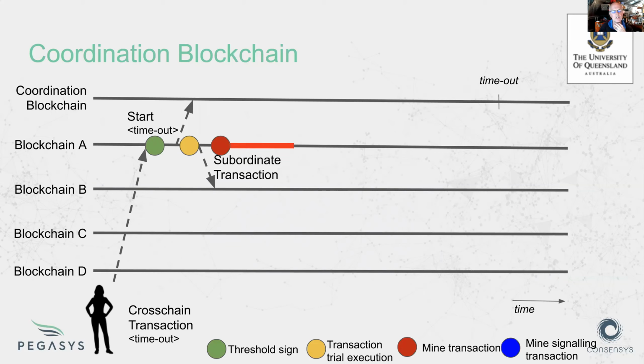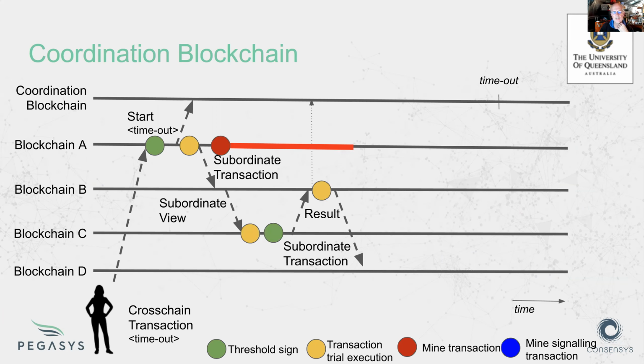it locks that contract, and then you dispatch a subordinate view which does a trial execution. You threshold sign the result and return it, and then you might need to get the public key from the coordination blockchain to verify the result. And then you do your trial execution, you fire off your subordinate transaction, which again does a trial execution.